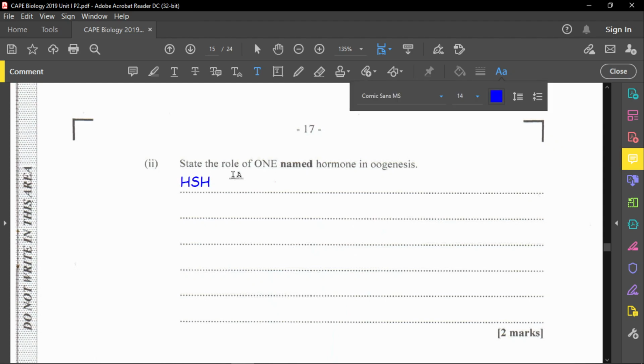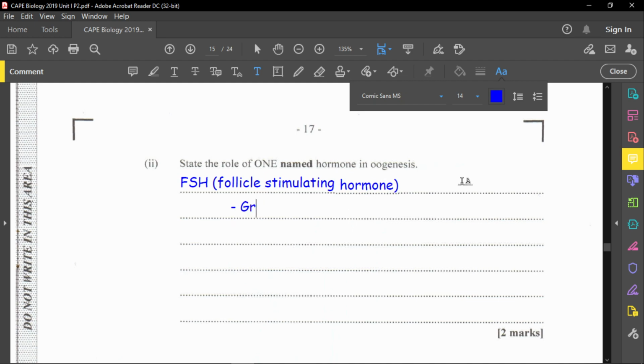FSH is what they call the follicle stimulating hormone. What FSH does, let me put it in a 2-point format.